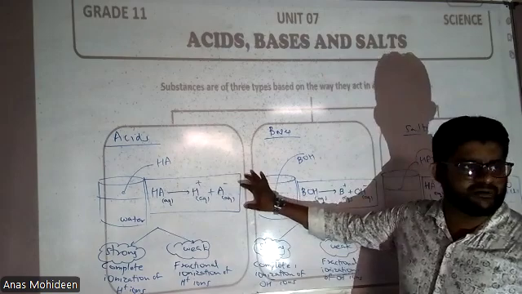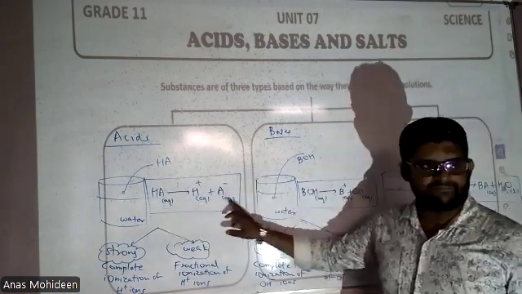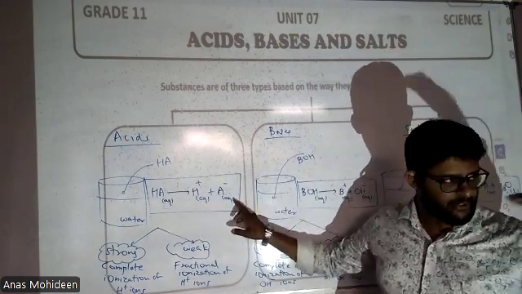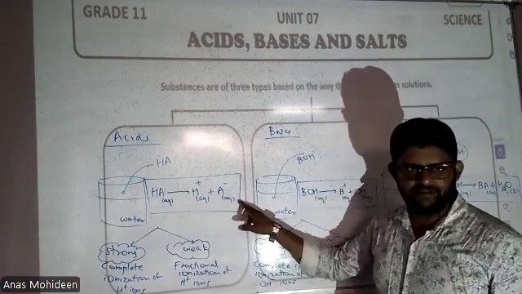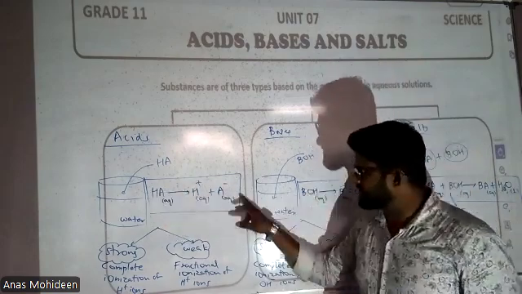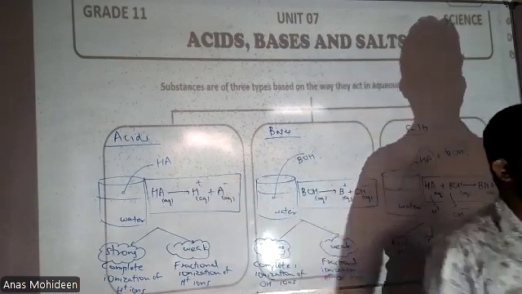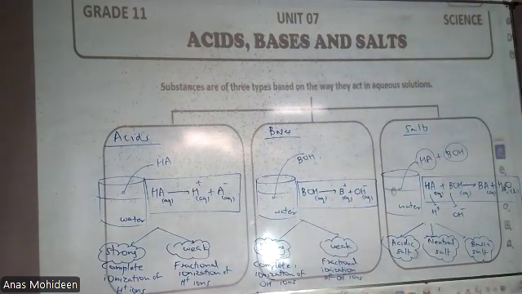Use a different color pen and mark only this area. Below that description, write only the box, only the equation. So make your notes very clear. You are the one to refer to it.